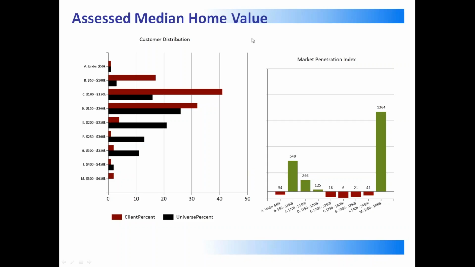We see a very high index for these affluent homes, but we see the highest frequency and the highest index in these more moderately priced homes. You have to take this grouping here, where it's the 600 to 650,000 in income, with a grain of salt because of the low frequency.